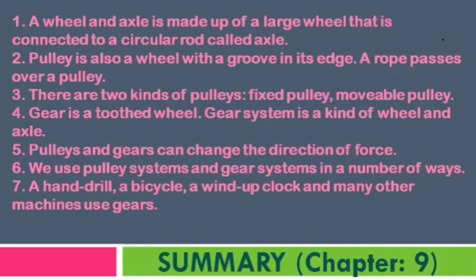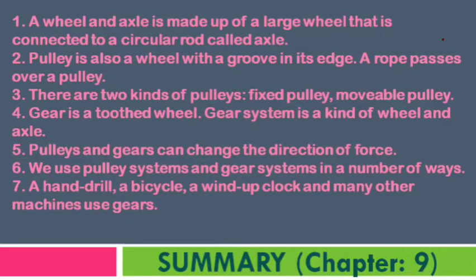Number three, we have studied two kinds of pulleys, fixed pulley and movable pulley. We have seen their difference and where they are used. Then we have seen when we combine both of them, we can make a pulley system.